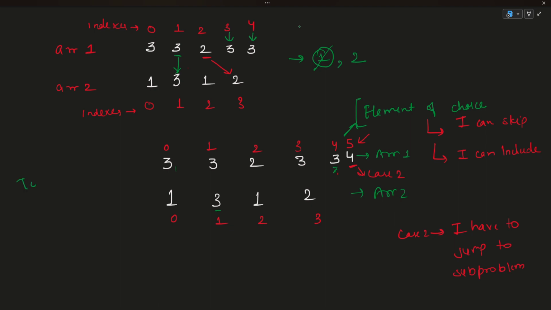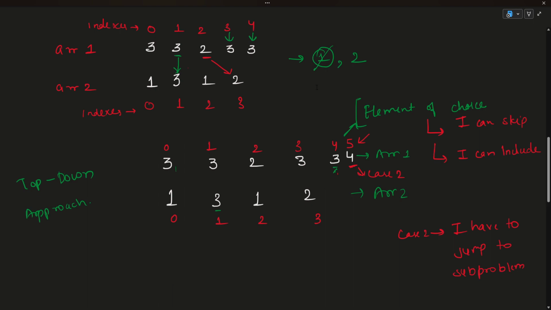I use the top down approach of DP, where we start from the large problem and break it down into sub problems. That approach is known as the top down approach. In this manner we will write our code.